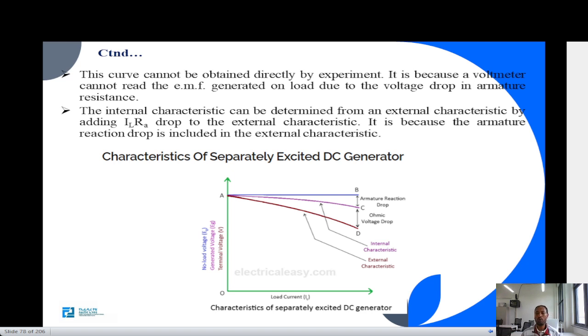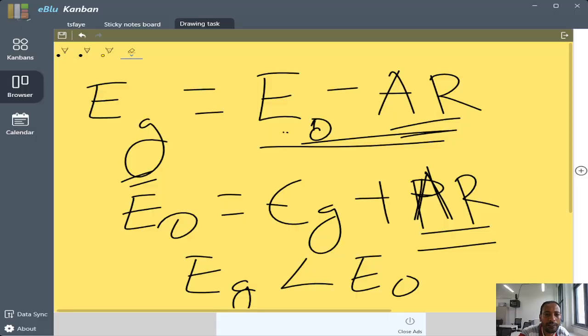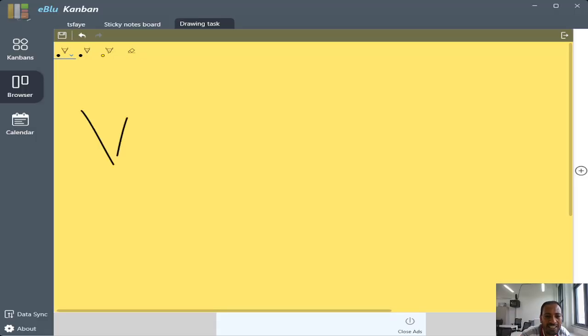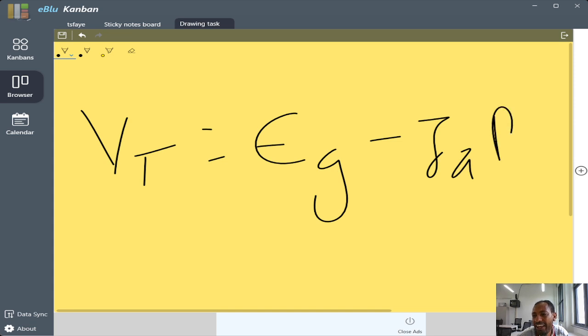This curve cannot be obtained directly by experiment, because our voltmeter cannot measure that very small magnitude of voltage generated internally. Due to the voltage drop in the armature resistance, we said VT is going to be generated voltage minus IA RA.